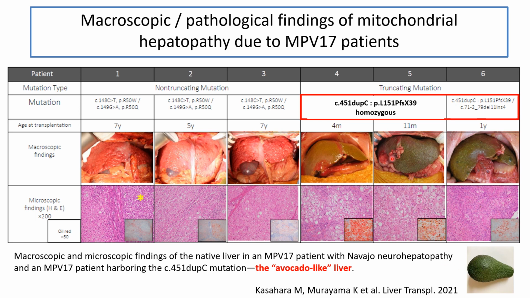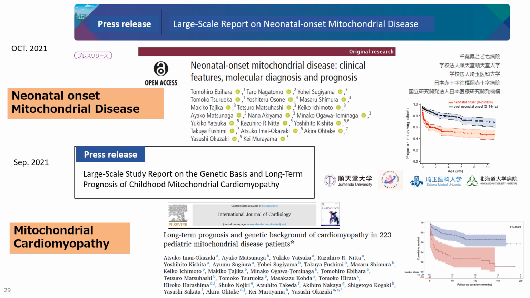Macroscopic findings show an avocado-like liver, which is specific to this MPV17 mutation, and indicates a poor prognosis for liver transplantation. And we also compiled the data and published on neonatal onset mitochondrial disease and mitochondrial cardiomyopathy last year.